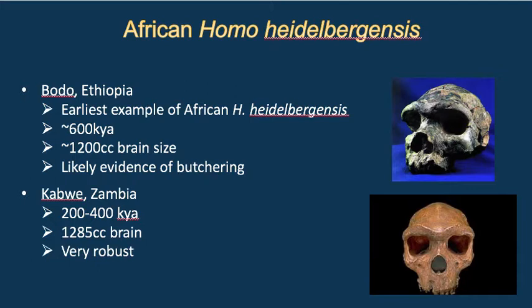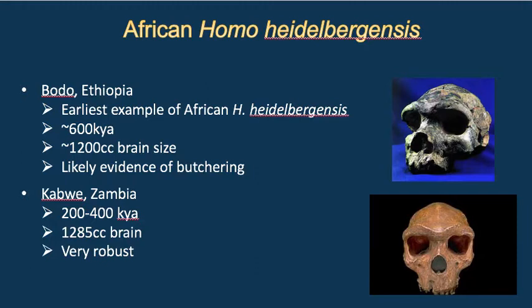Now, one thing that's shown to be true about a lot of heidelbergensis specimens is that they have evidence of butchering. So what I mean here is that this fossil has evidence that someone was scraping soft tissue off of it with a stone tool.